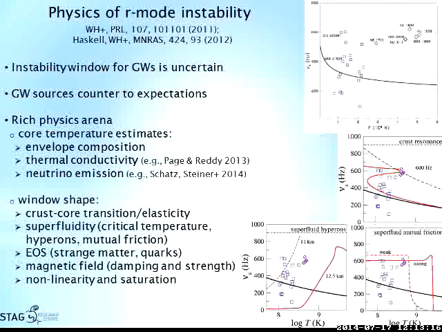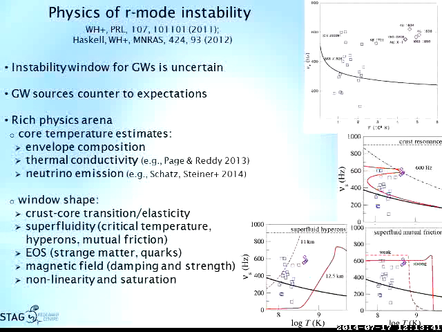Okay, if I just take the very simplest, are there enough people that need an explanation of the r mode instability window? Raise your hand if you do. Okay, so you don't. So roughly, this is a plot of spin frequency and temperature.